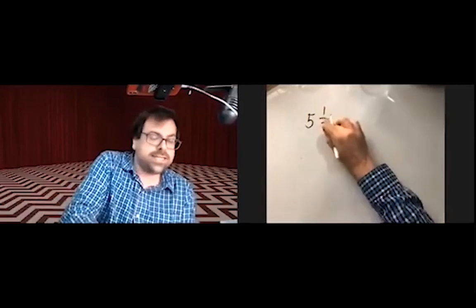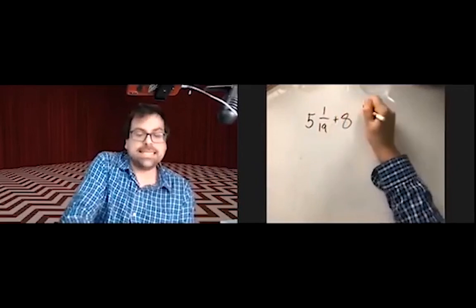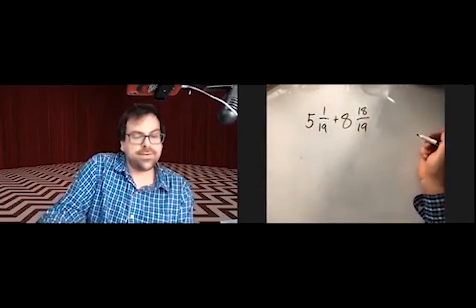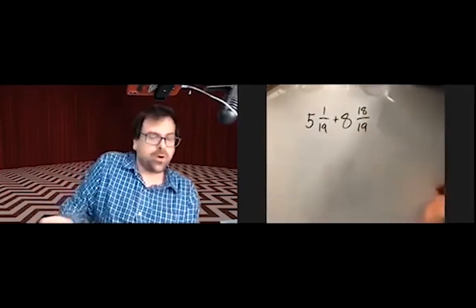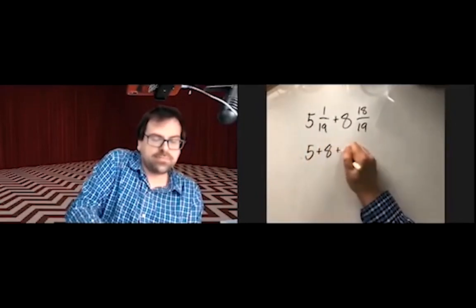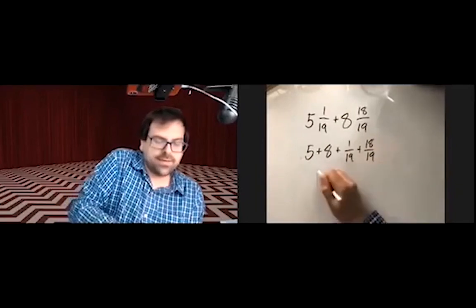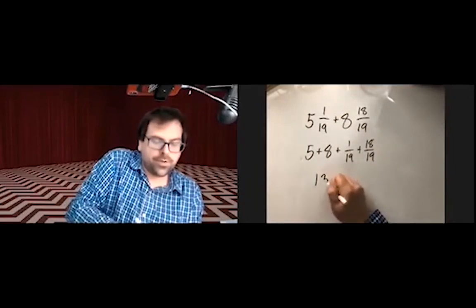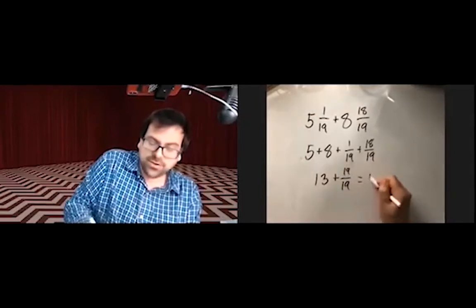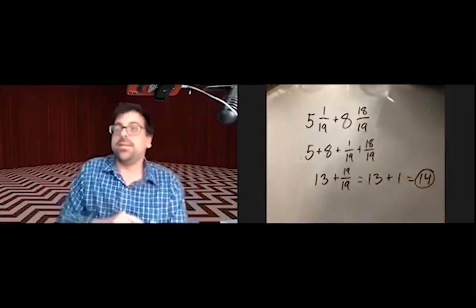Five 1/19 plus 8 18/19. If you want to rearrange, you can do that. 5 plus 8 plus 1/19 plus 18/19. 13 plus 19/19 is 13 plus 1 is 14.